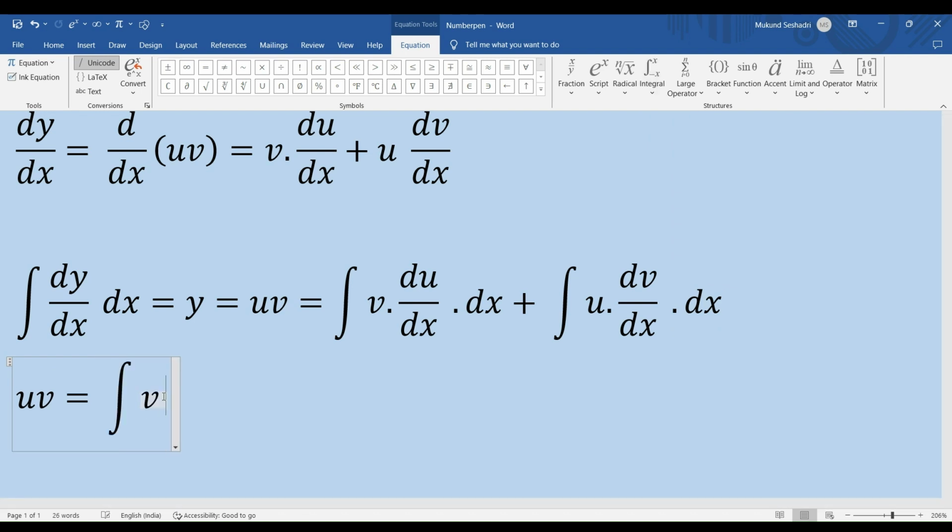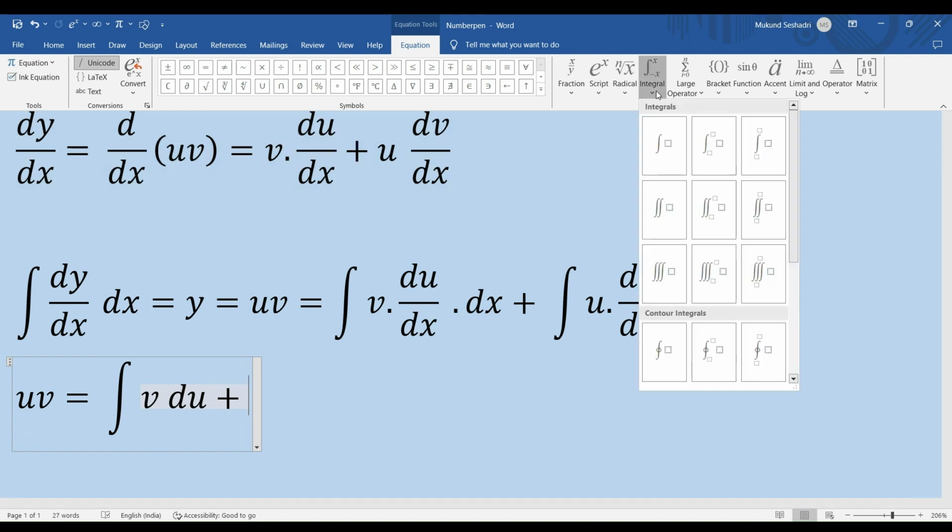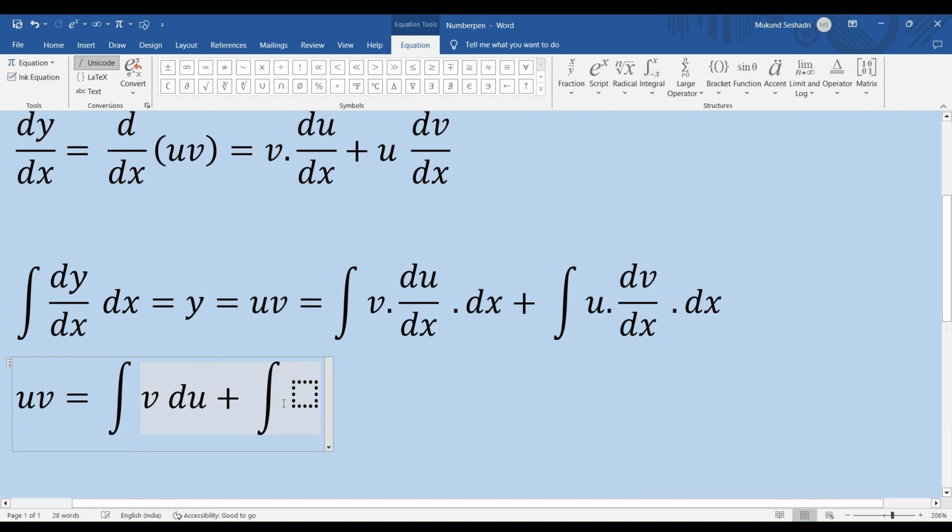I get v du, right? I apply a very similar approach to the second expression, which is integral of u dv by dx times dx. I again cancel out my dx, which means I'm left with integral of u dv, right? So my uv equals integral of v du plus integral of u dv, right?